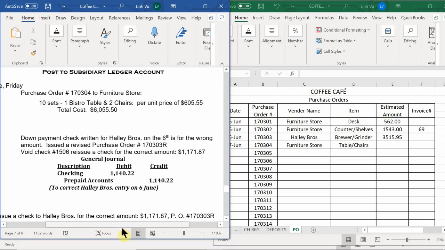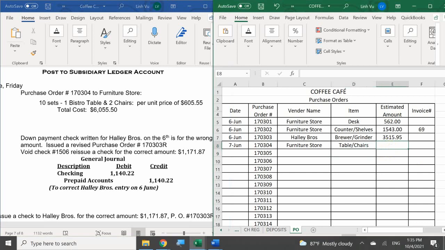Supposed to write down estimate amount, no? I don't think there's a spot for estimated amount. Oh, okay, yeah, I guess we do. Yes, sorry. For 6055.50. Good.